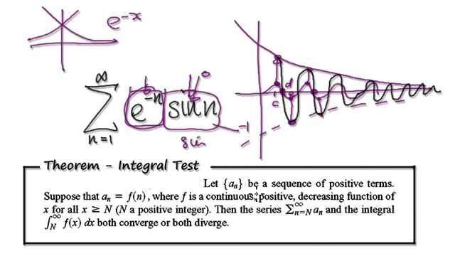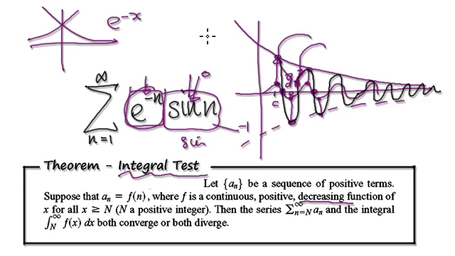And then in order for you to perform the integral test, it needs to be decreasing, so it needs to be going downhill all the time. If you look at this point here versus this point here, it's actually increasing because it's going uphill.